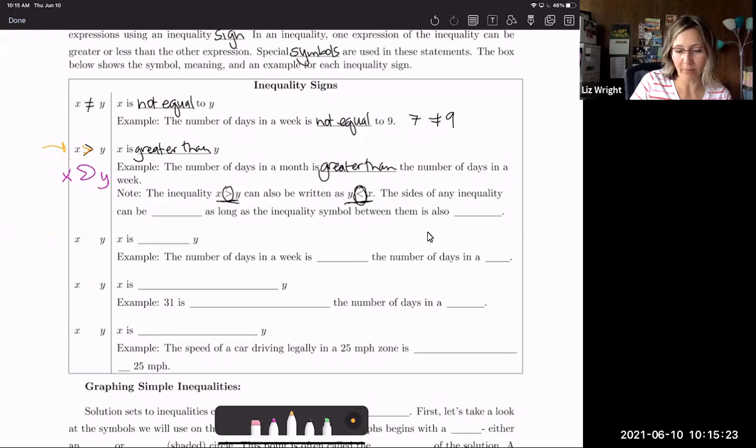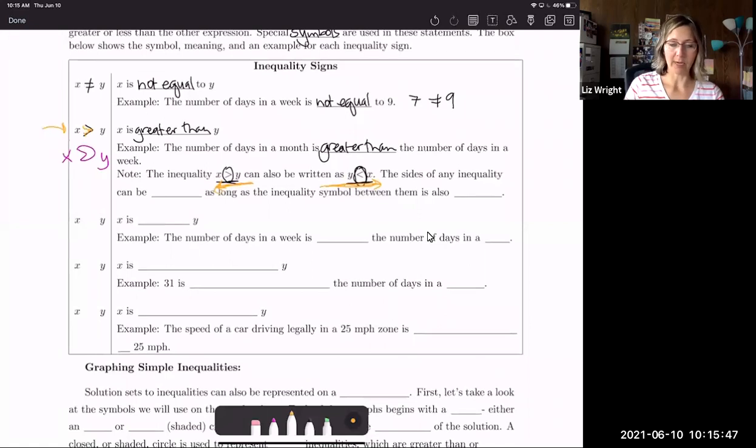If you read it from right to left, it would be y is less than x. So anytime you flip-flop your numbers or your variables on either side of the inequality symbol, you also have to flip your inequality symbol for it to still be a true statement.